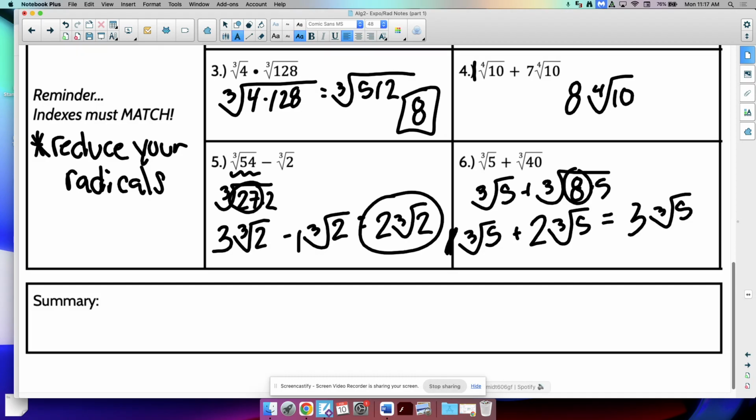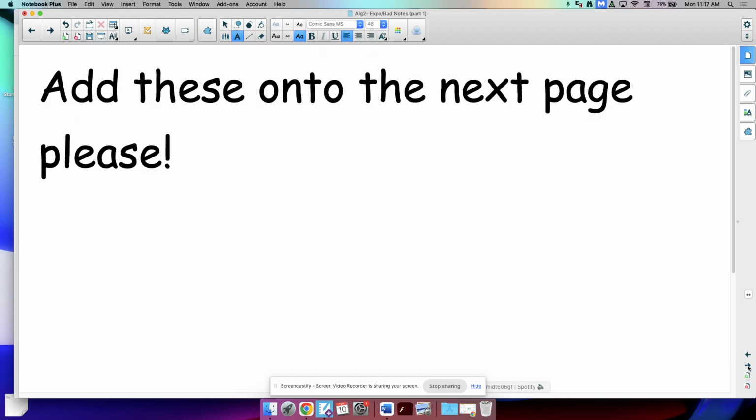So radical rules, there's not as many of them, but it's a little bit more like, how do we set this up to make this work? You have a blank page afterwards. Now we're going to just do some random ones based off of where the confusion was in the homework.